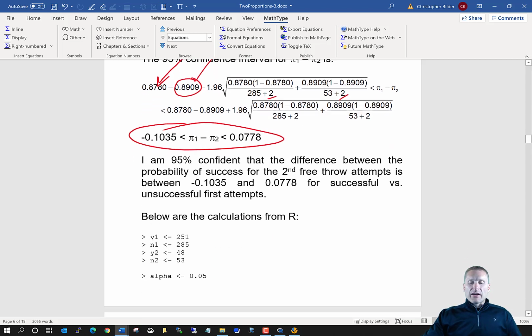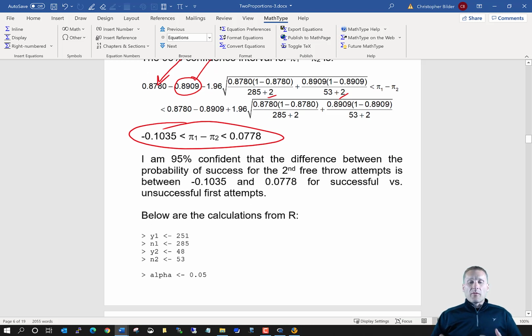I am 95% confident that the difference between the probabilities of success for the second free throw attempt is between these two numbers for successful versus unsuccessful first attempts, or made versus missed attempts. Again, another way to interpret this is that in all similarly constructed confidence intervals like this, we would expect 95% of them to contain the true value of pi1 minus pi2.